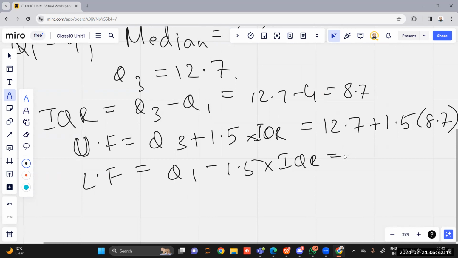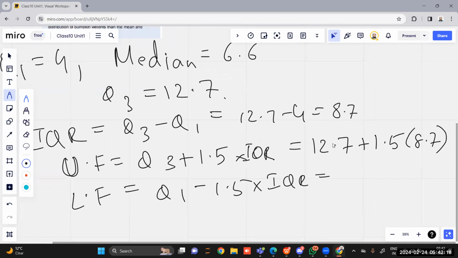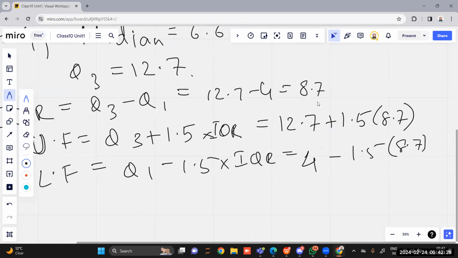And Q1 is 4, so 4 minus 1.5 into 8.7. Correct. Now we'll use BODMAS: multiplication is to be done first. We cannot add or subtract first, it will be wrong. So I'll see what the calculation is.